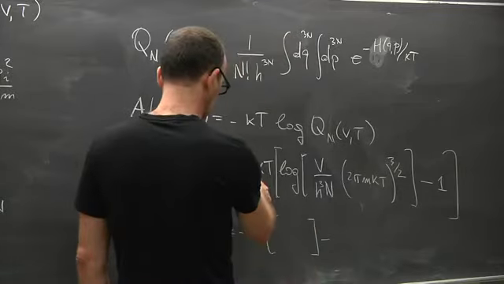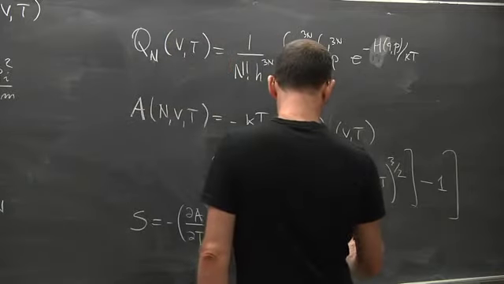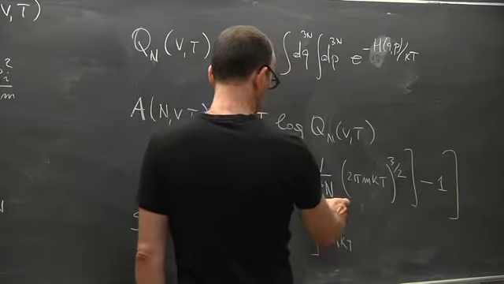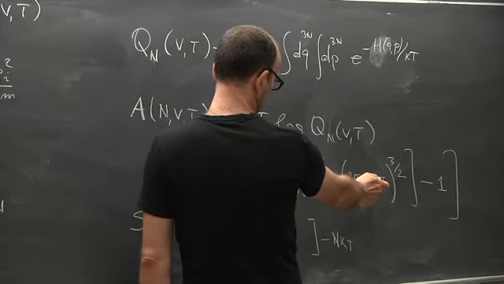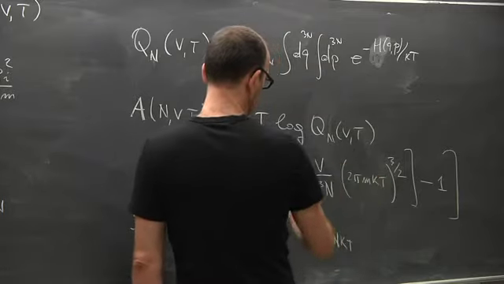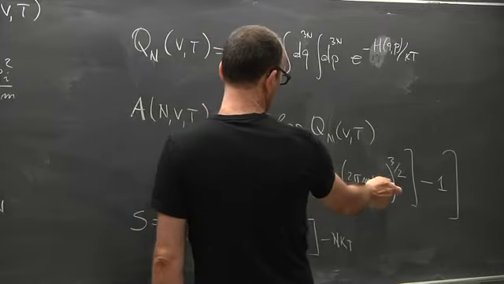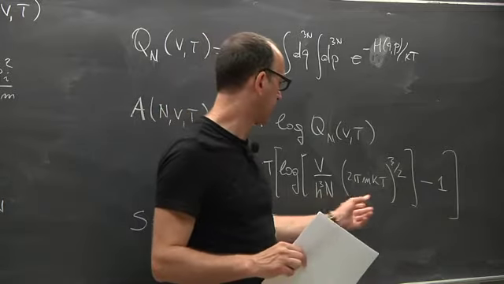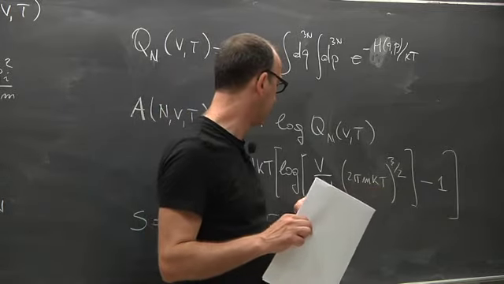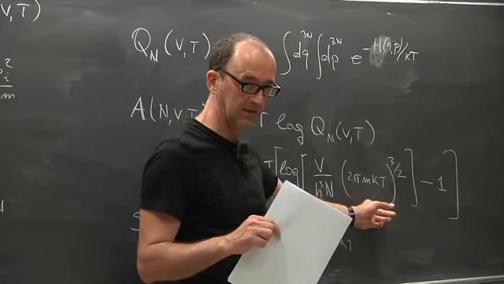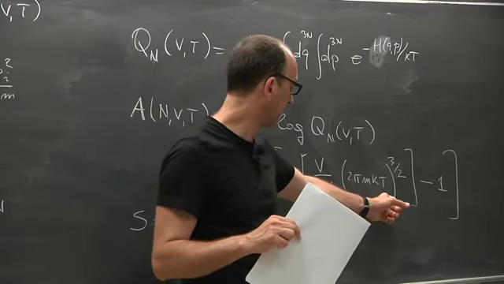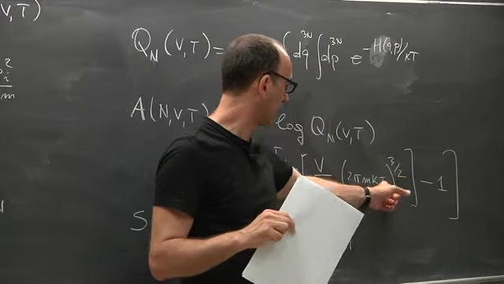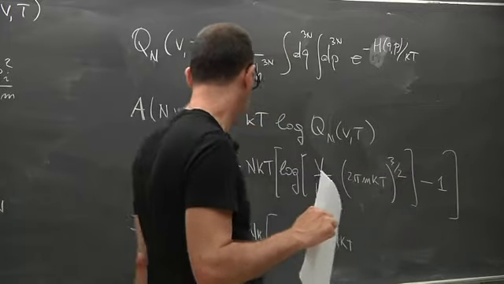And then you get another term which is minus NkT, but then you have to take the derivative with respect to this T. Okay. So this is the log of the product of a number of terms. So it's the sum of the log of these terms. Okay, and the only term which contains T is log of T to the 3 over 2.